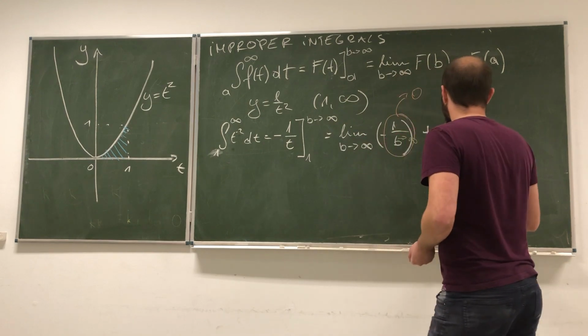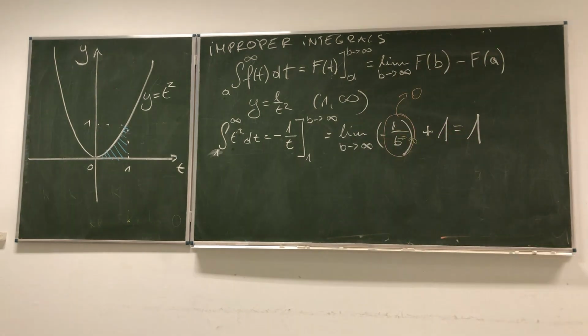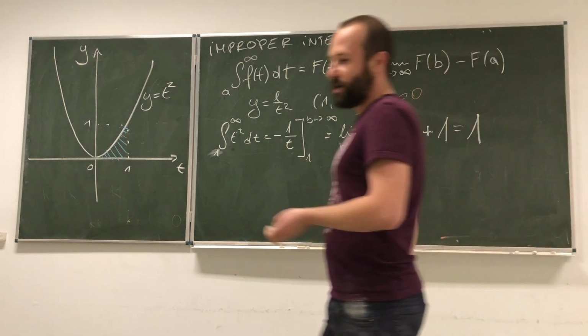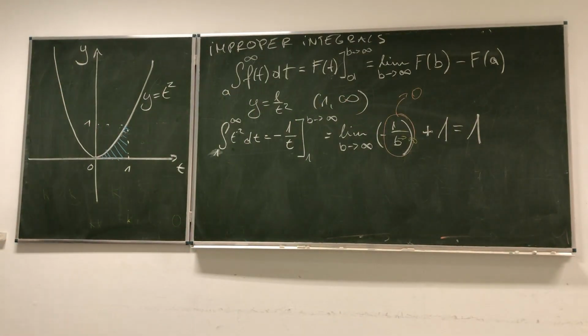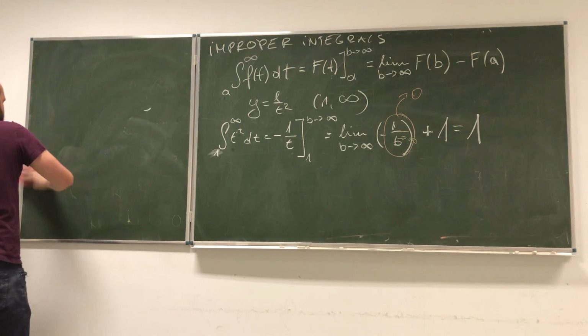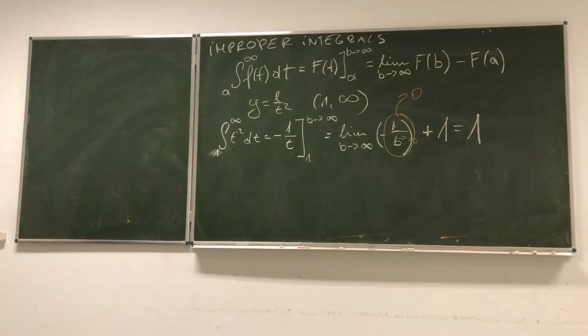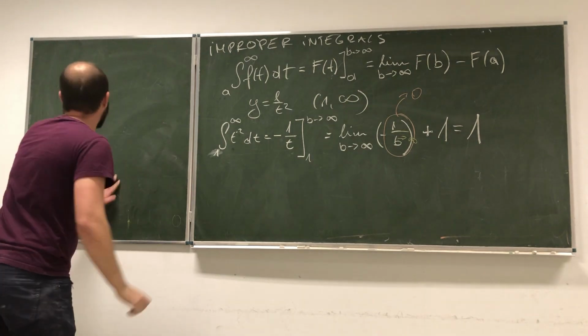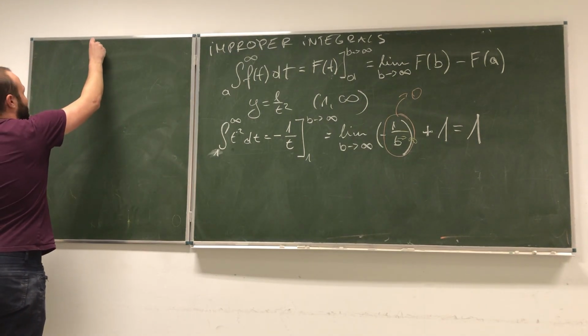And consequently, we can say that the area that we're trying to find is equal to 1. Okay, let me now demonstrate this on the graph.